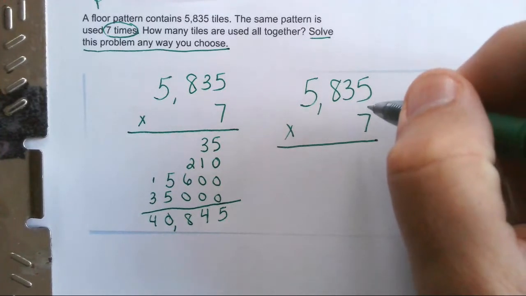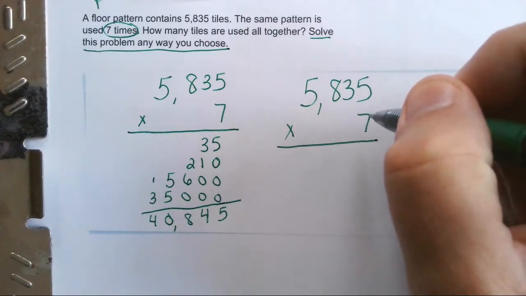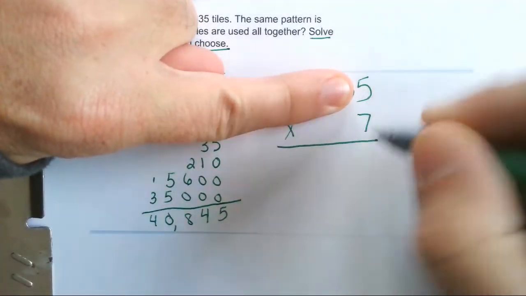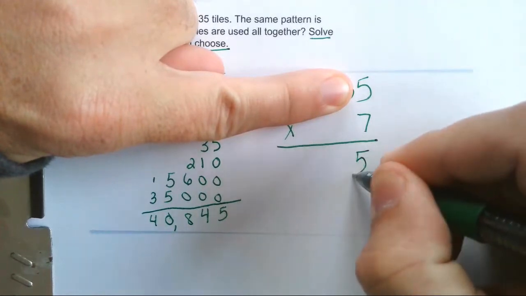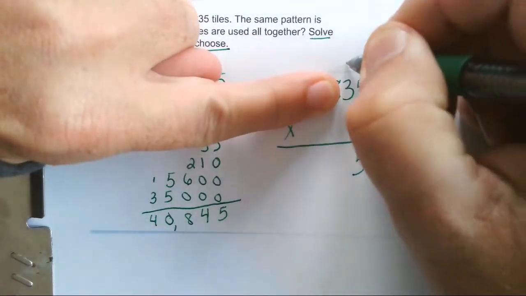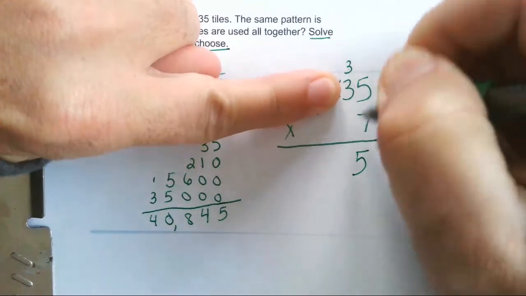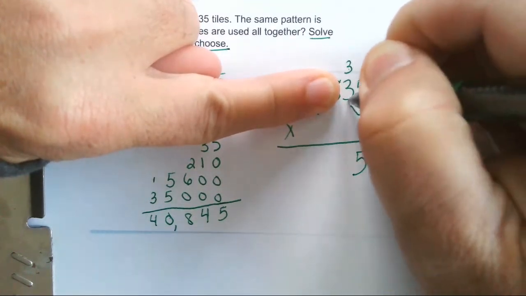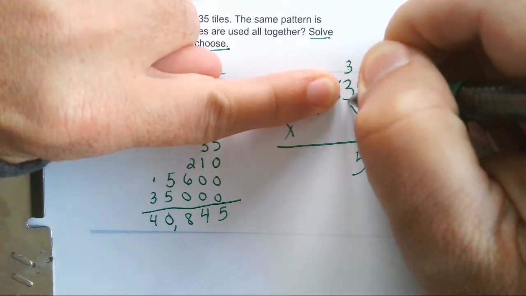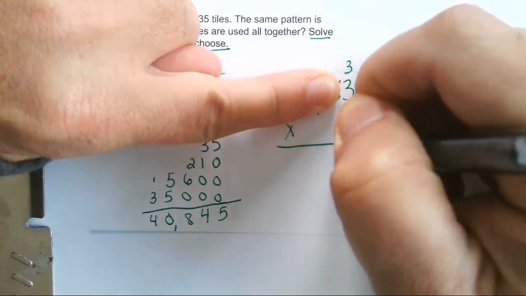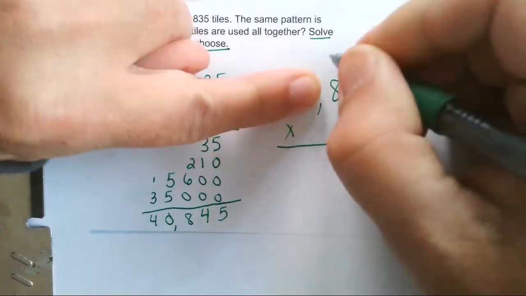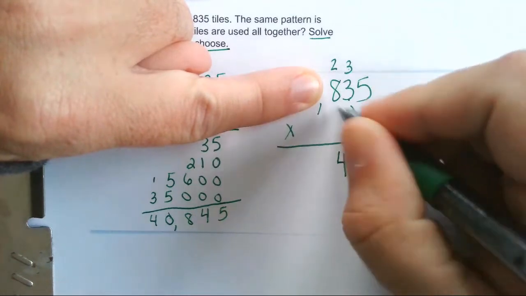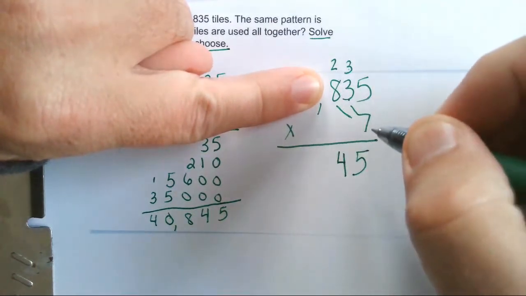All right. Let's take a look at this traditional algorithm. So starting here, 7 times 5. Remember what we do. We put down the 5 for 35. We carry the 3. Then I'm going to do 7 times 3 is 21, plus 3 is 24, carry the 2. 7 times 8 is the dance step, 5, 6, 7, 8.